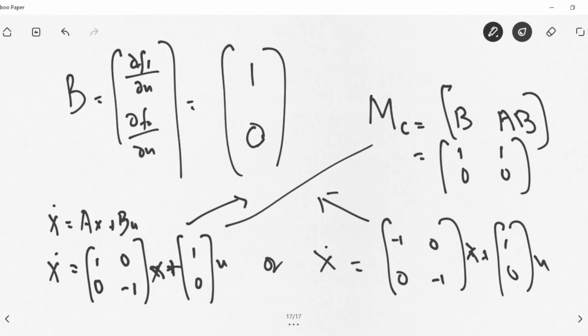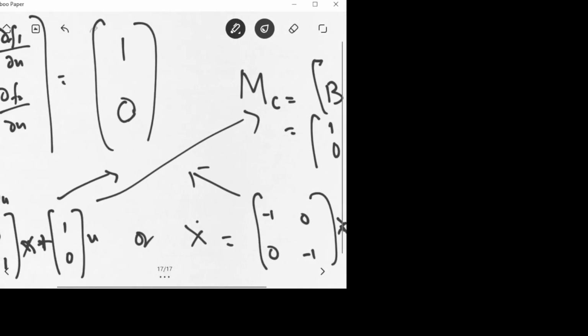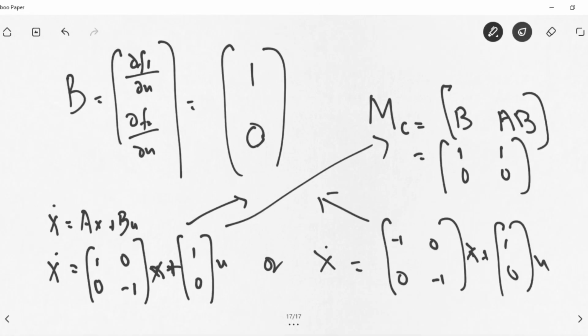This is for this case, and for the other case it will be minus 1, 0, and B is 1, 0. So in this particular example, you can see what the controllability matrix is. It does not have a rank equal to 2, so this is not a controllable system.